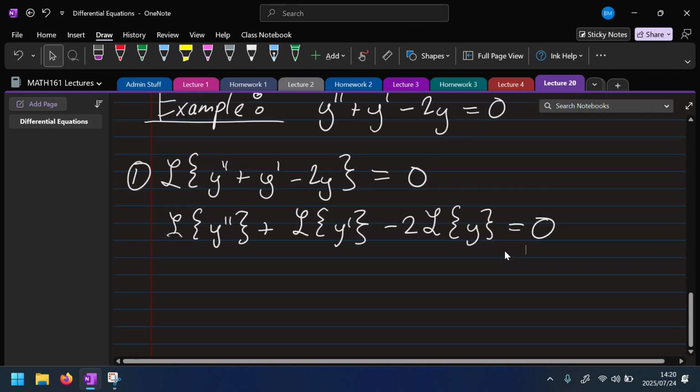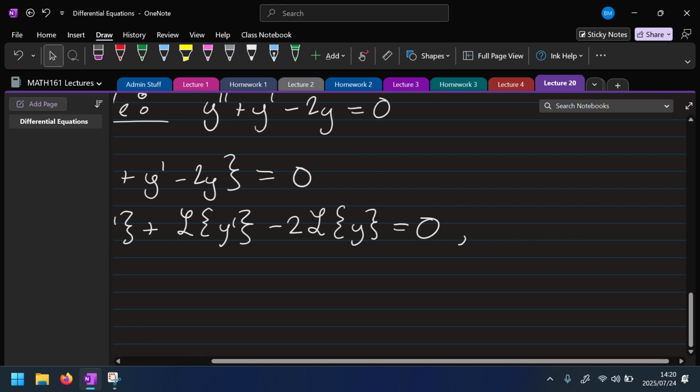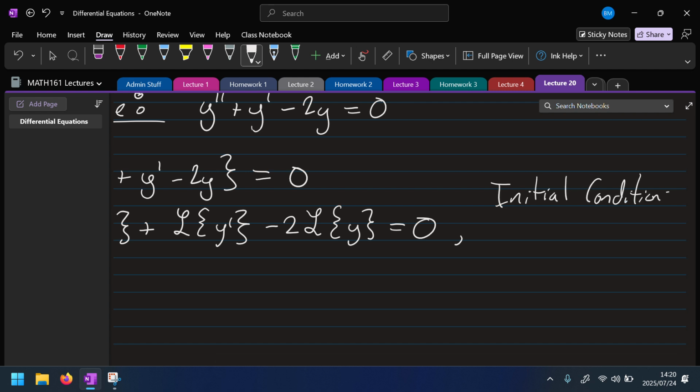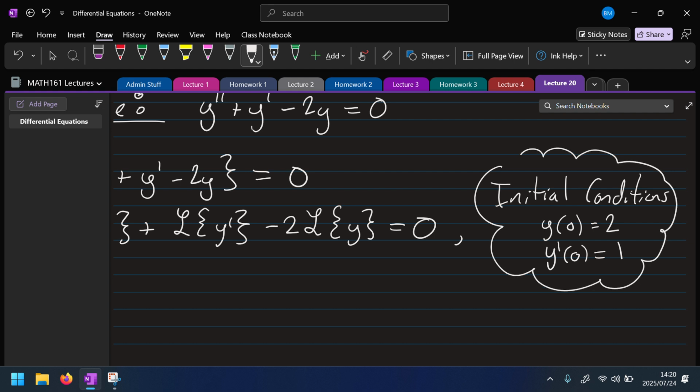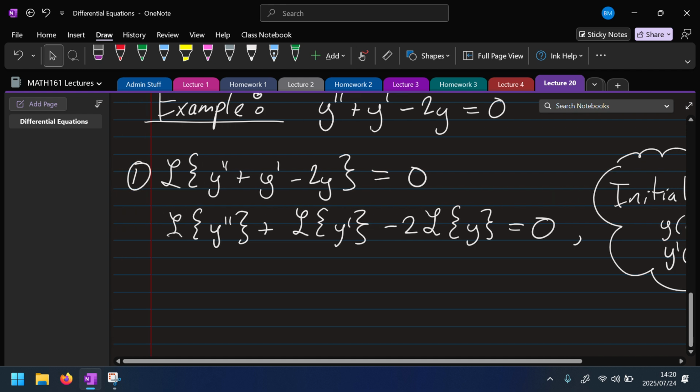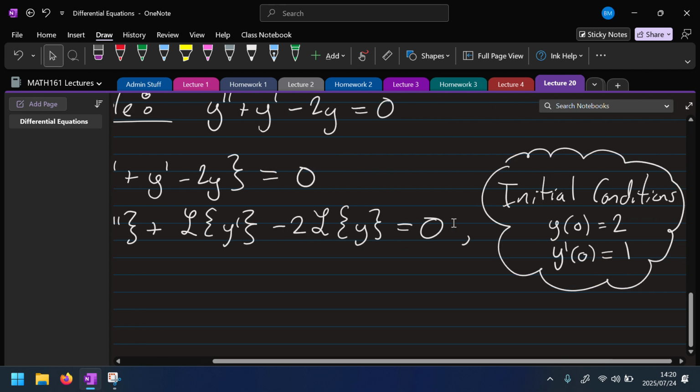So let's write here, inside here, let's put some initial conditions. Let's say y at 0 is 2 and y prime at 0 is 1. So we're going to have this differential equation there with those initial conditions.